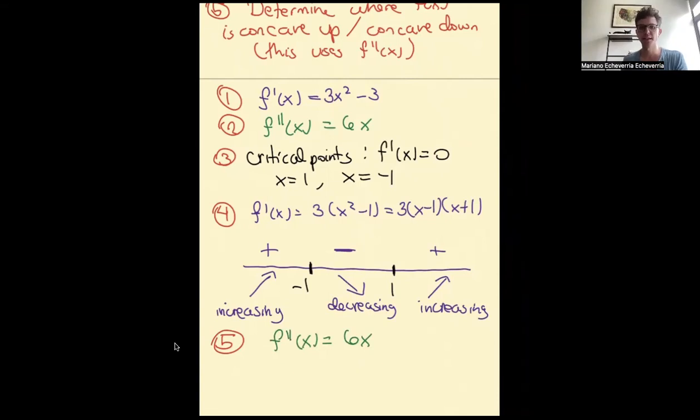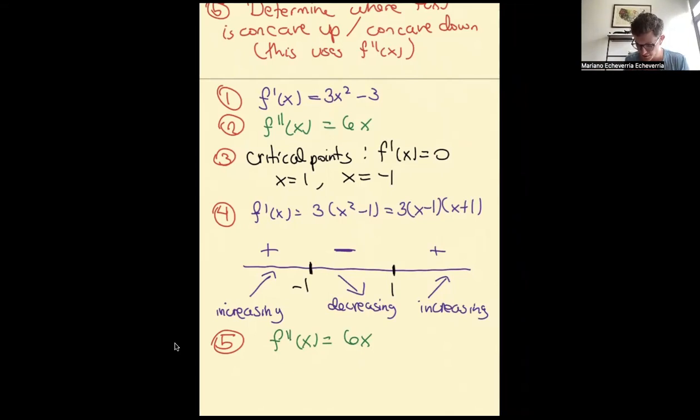Okay, and then for the last step, you have to determine where the function is concave up and down. The concavity is in terms of the second derivative. So finding where the function is concave up or down just means finding where the second derivative is positive or negative.